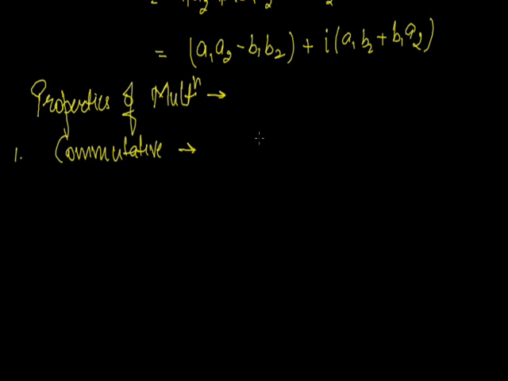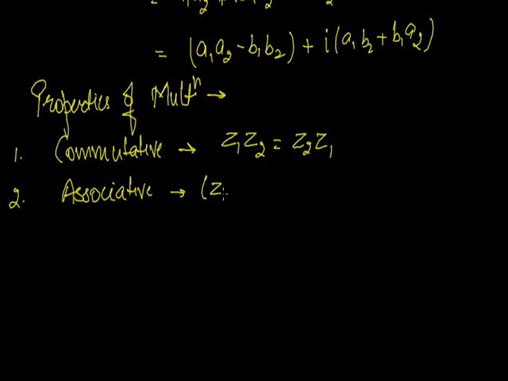What does commutative property say? z1 into z2 is always equal to z2 into z1. The second property is associative property. That is, if we multiply z1 by z2, then we multiply z3, or first we multiply z2 into z3, then we multiply z1, it is always equal.